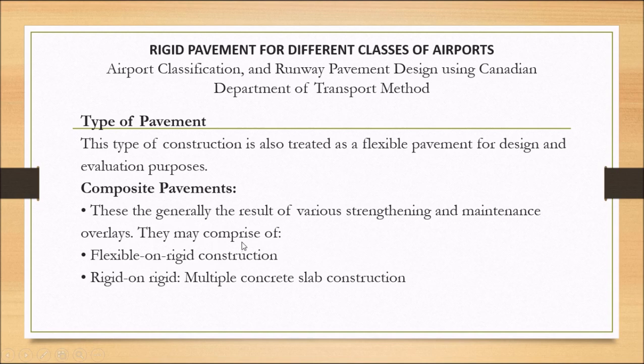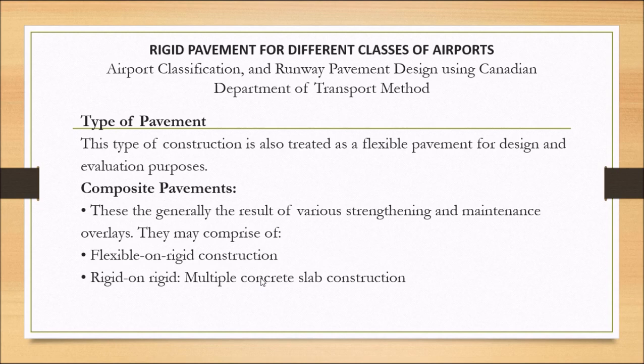They may comprise flexible on rigid construction, or rigid on rigid, which is multiple concrete slab construction. So for composite pavement, when we have more than one pavement type, it becomes a composite pavement. We can have flexible on rigid and we can also have rigid on rigid, but we don't have rigid on flexible.